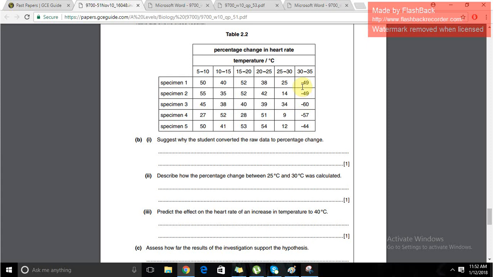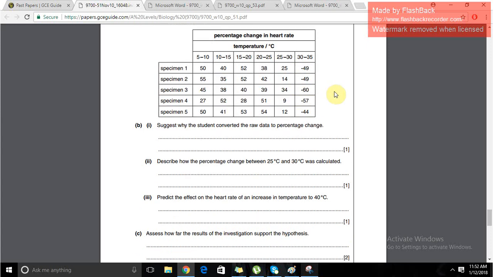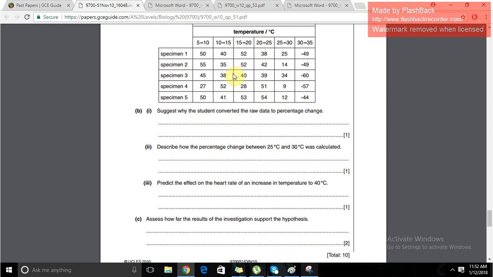That doesn't seem all that feasible when you think about reality, because if it is decreasing at this point, those conditions are not ideal for it. But I would still go with the pattern one.